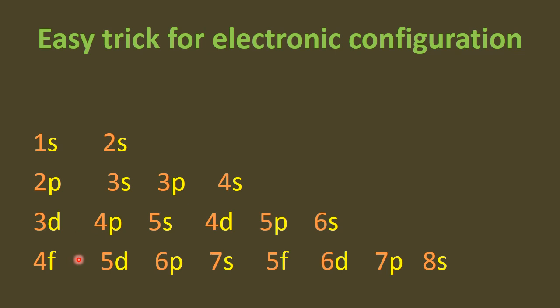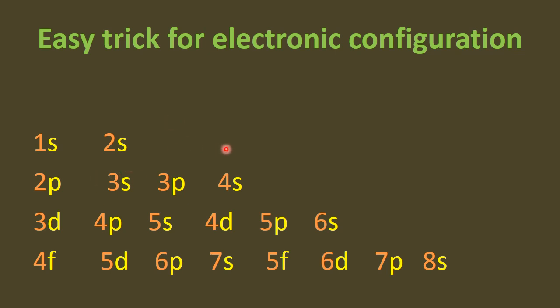So it's going to be quite easy for me to remember them, like school, school, public school, public school, divisional public school, divisional public school, federal divisional public school, federal divisional public school. I have to write each subshell twice. So in this way, I can easily remember it in my exams, and definitely you will also.